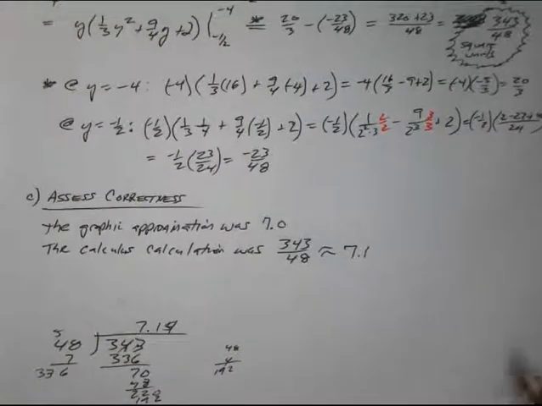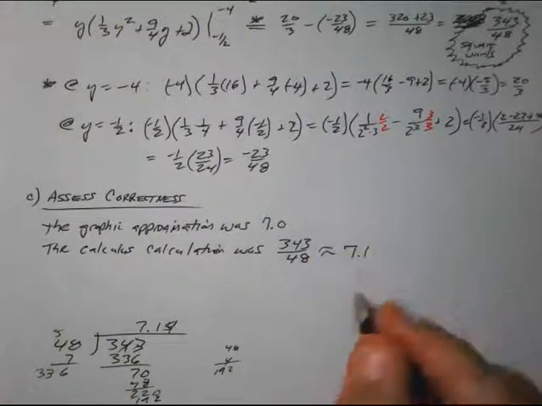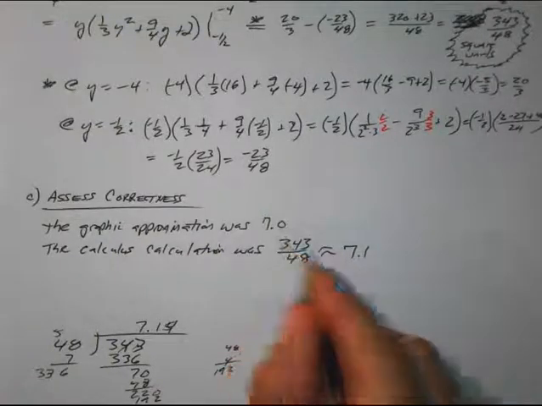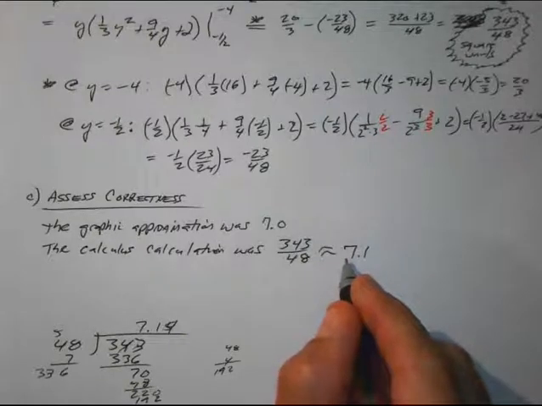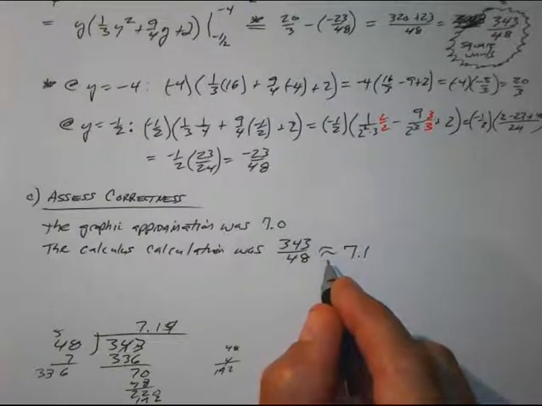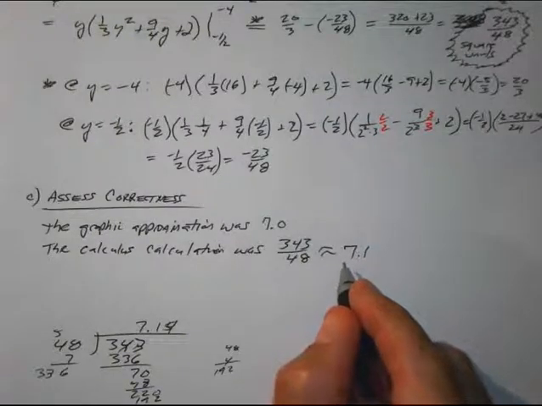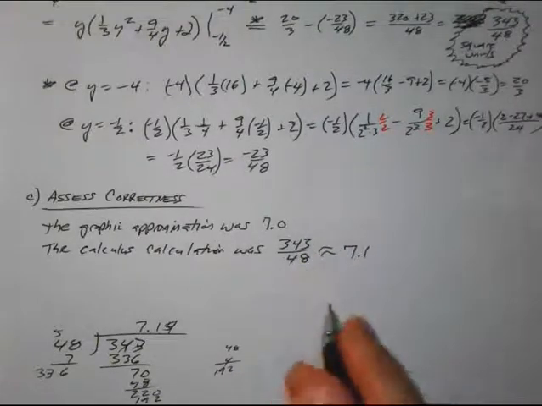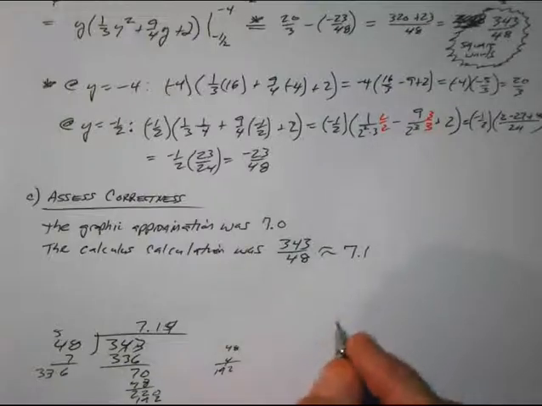Alright, this looks really good. 7.0, 7.1. So here we could take 10% of this and be 0.7. We're only 0.1 apart. So 1% would be 0.07. 2% would be about what we have here. So without exaggerating, these results are within 2% of each other.